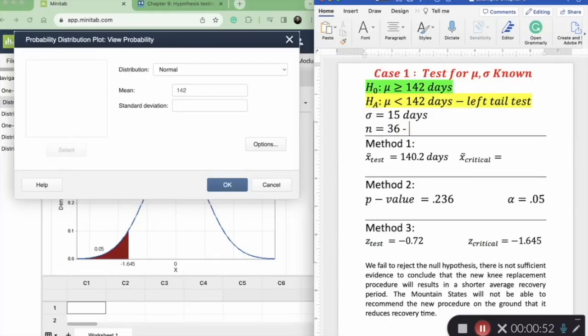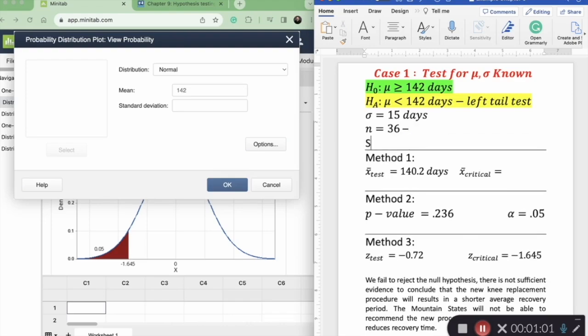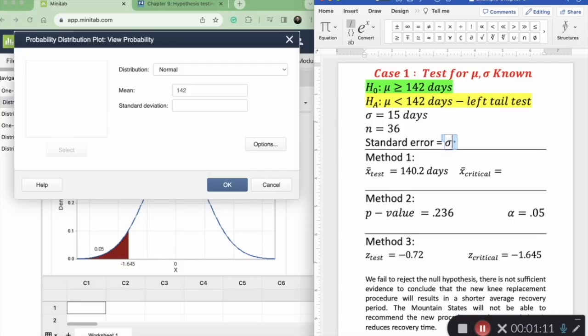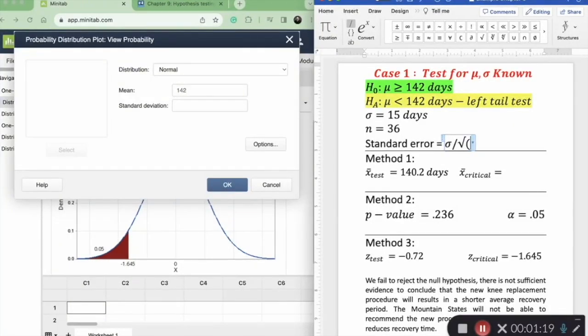So the standard error equals the standard deviation, which is sigma, divided by the square root of n, which is 36.